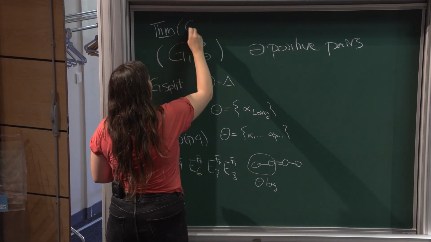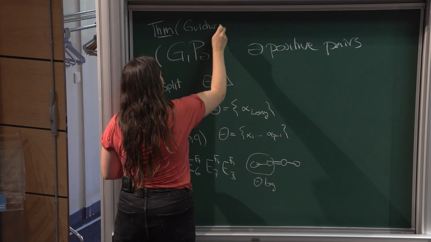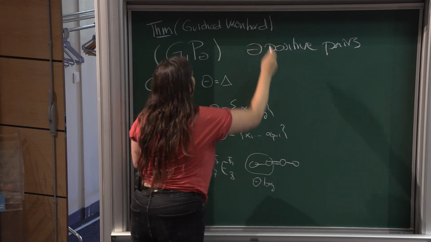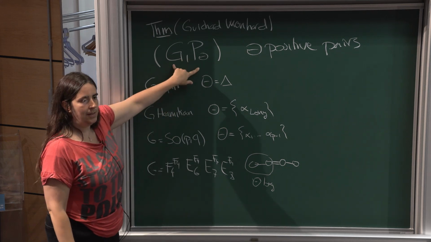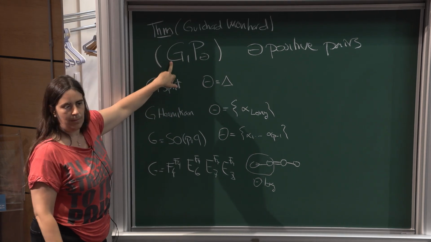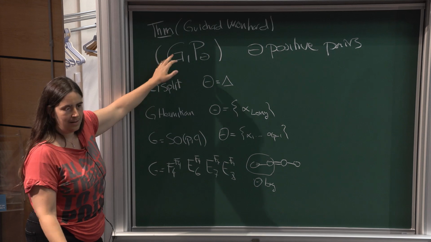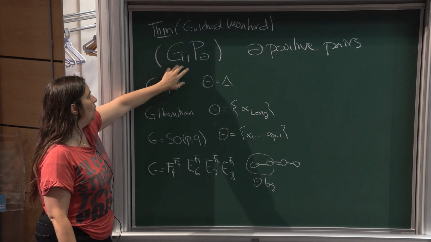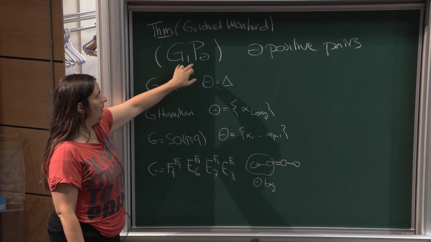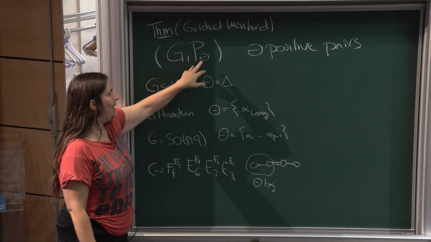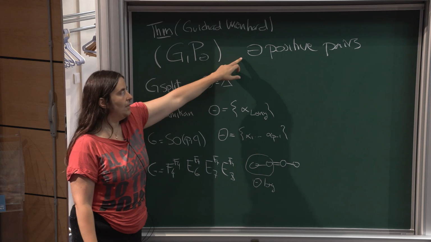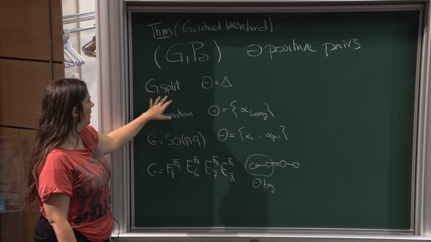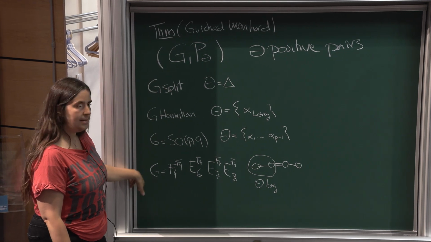The theorem by Guichard and Wienhard says that for a pair G, P theta, with G a simple Lie group (if I take products, I take products) and a parabolic, giving a flag space, this is a theta-positive pair, so that I can find this family of diamonds, precisely in these four cases.